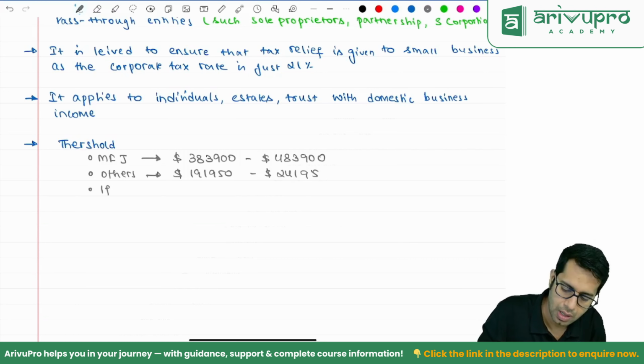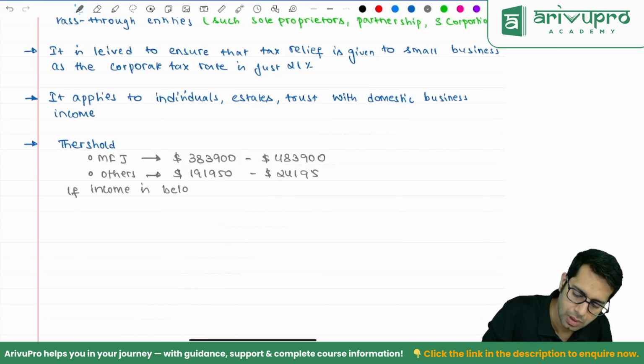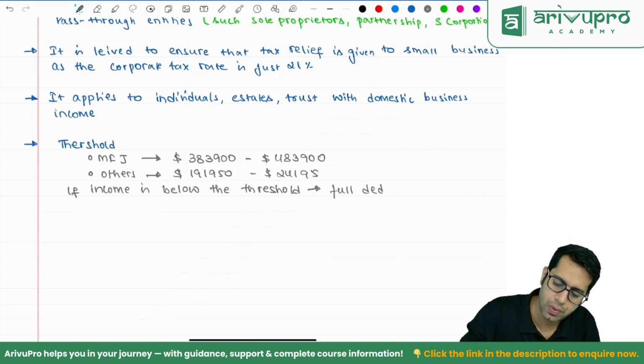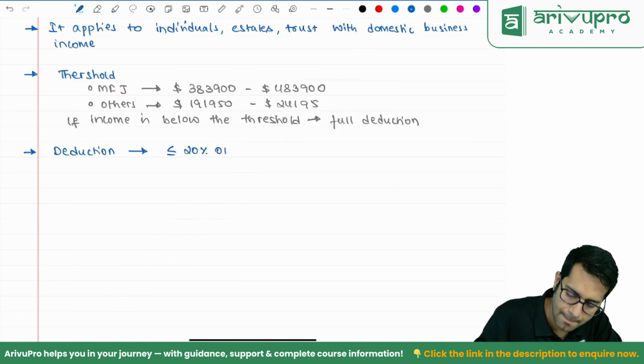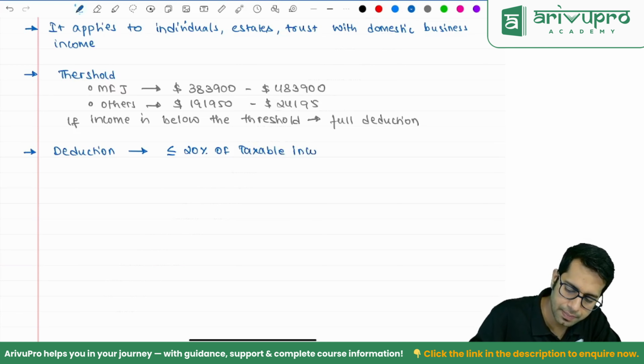If income is below the threshold, then the full deduction will be allowed. Now, how much is the deduction, sir? The deduction will be less than or equal to 20% of taxable income.